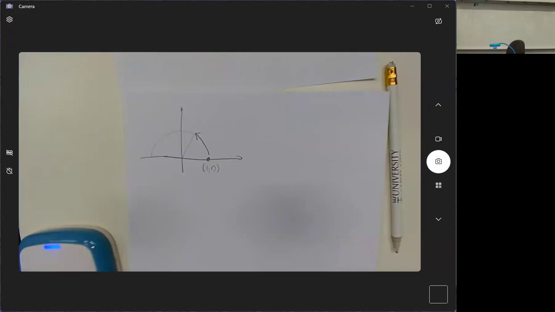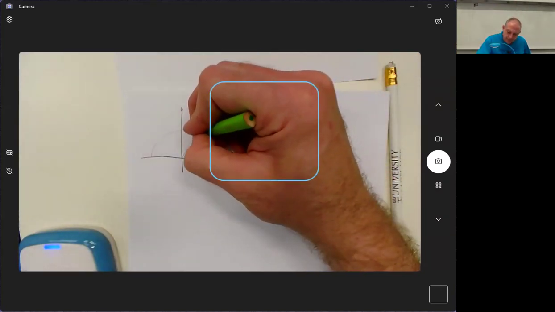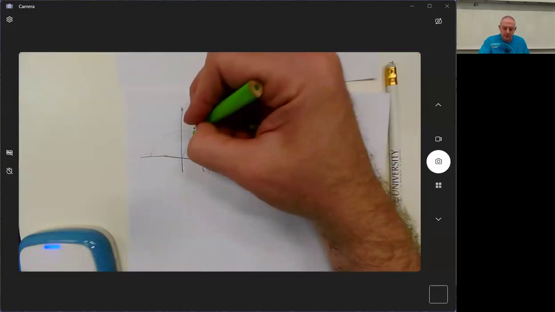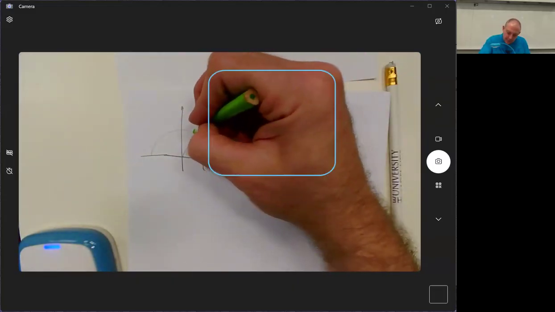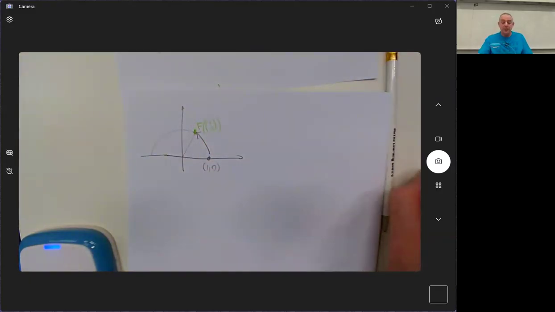I am down to green, being the only colour left. Okay. Green it is now. So that green dot there, that is what f of 1, 0 is, because I rotated by pi on 3.